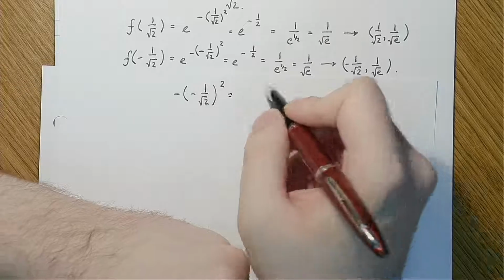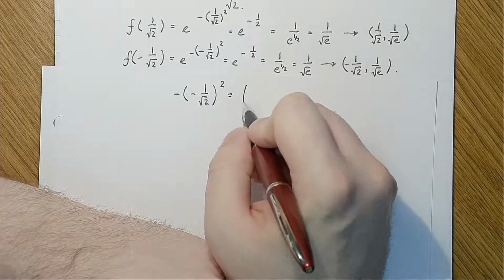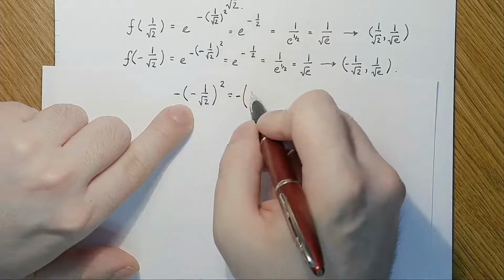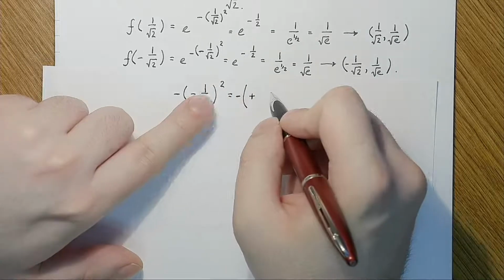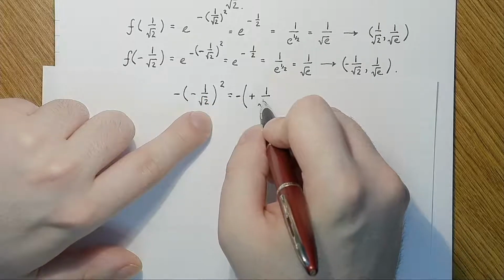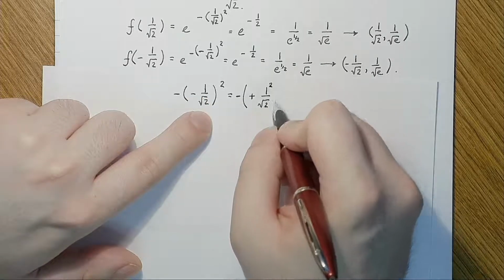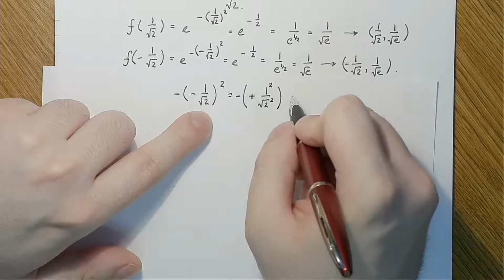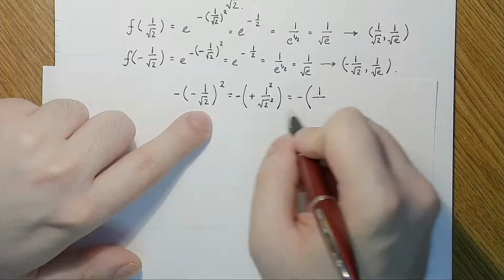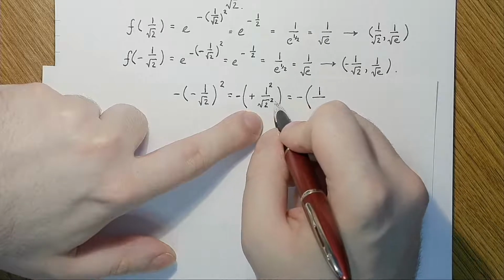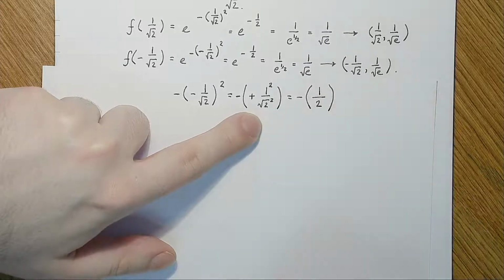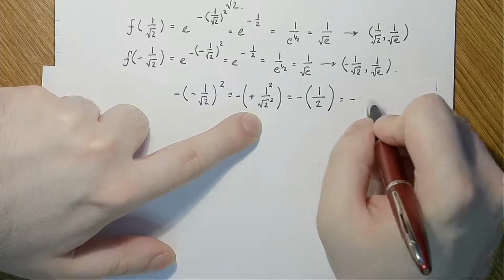So I'm going to square this, and you can think there's the minus there. So when I square that, that becomes positive. And then I get the 1 over root 2. Okay, so this is squared here, and this is squared here. 1 over, I have a root 2 squared, so that becomes just 2. And I'm still left with just minus 1/2.